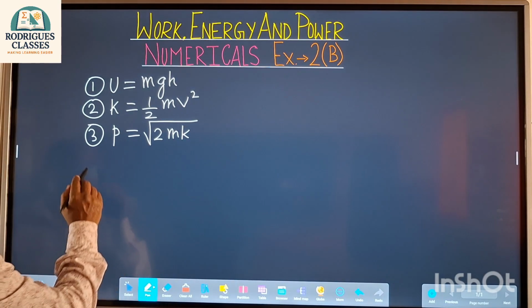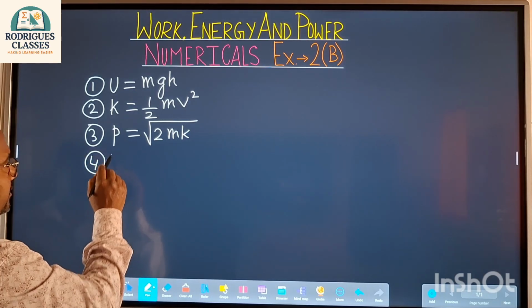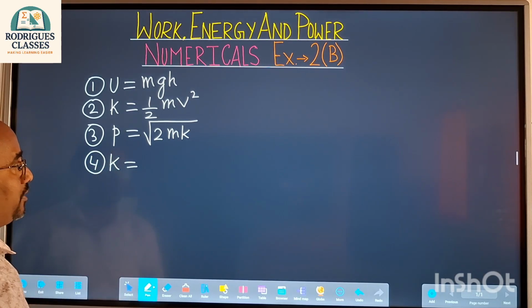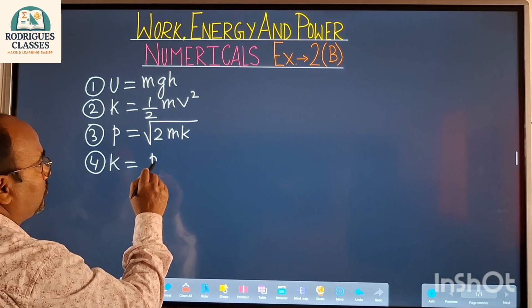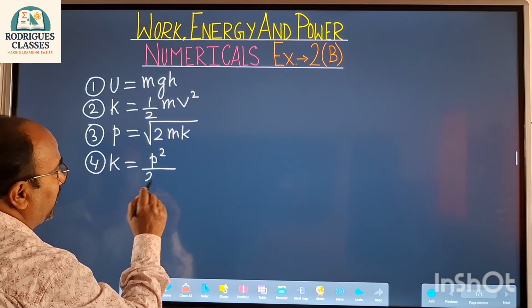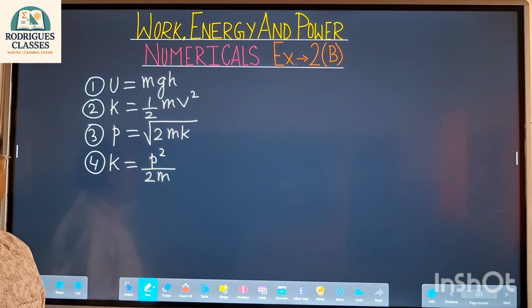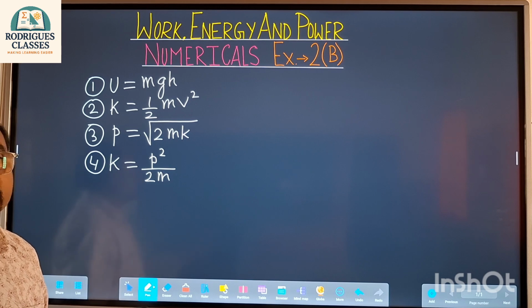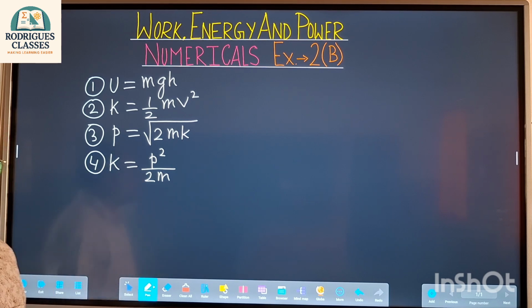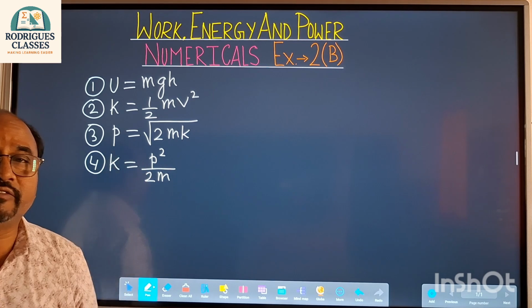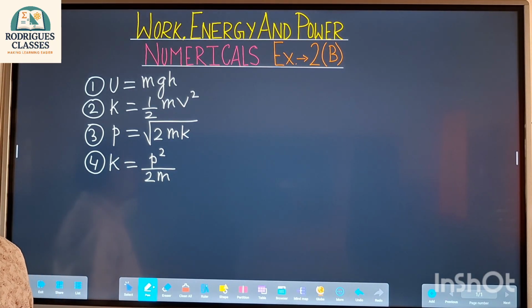From this we can get another formula where kinetic energy is to be calculated: K equals P square by 2m. Just changing the subject, we get it like this. So these two formulas are very important when we have to relate momentum and kinetic energy.